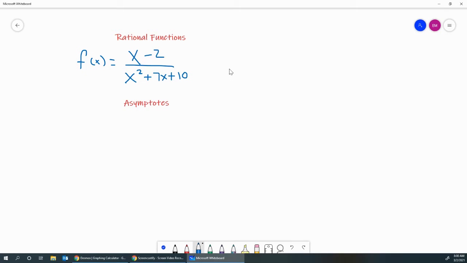Now, the first thing we want to talk about in graphing this function are its asymptotes. You can have a vertical asymptote, or you can have a horizontal asymptote. A vertical asymptote is an asymptote that is defined by a vertical line, x equals a number.